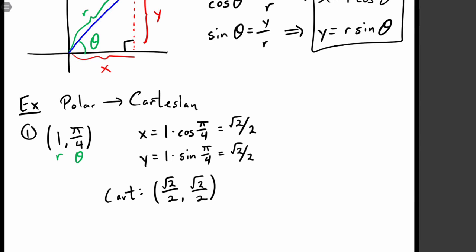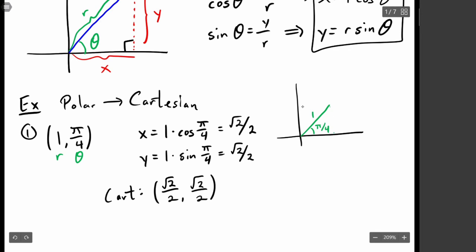Polar coordinates is telling us we should make an angle of pi over 4 and a length of 1, so it makes sense that these two numbers match. Try to find the lengths of these sides and you'll find they have to be root 2 over 2, or 1 over square root 2.